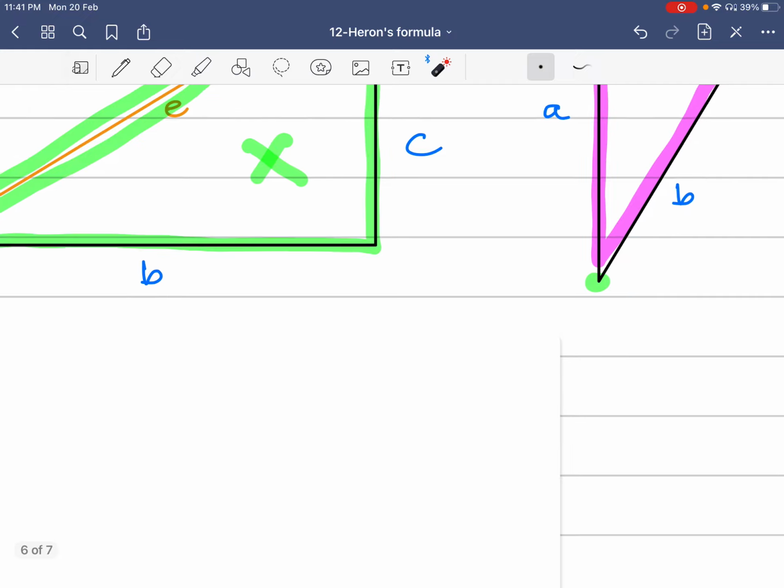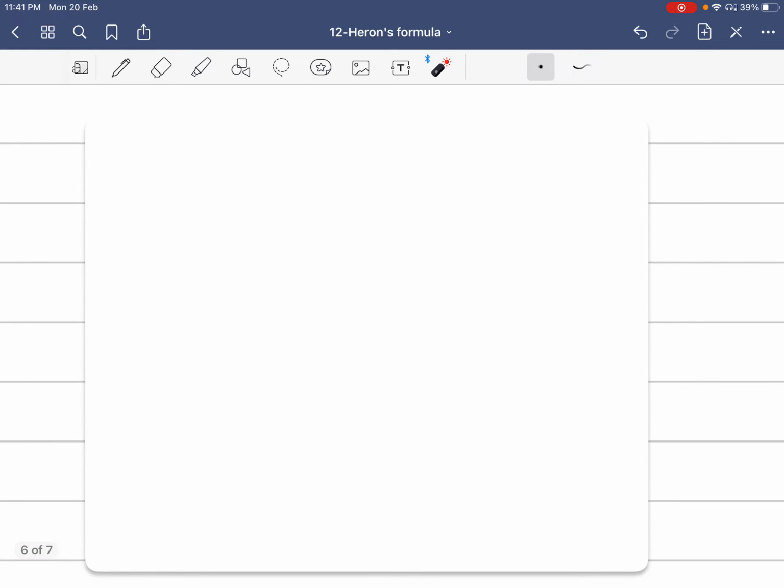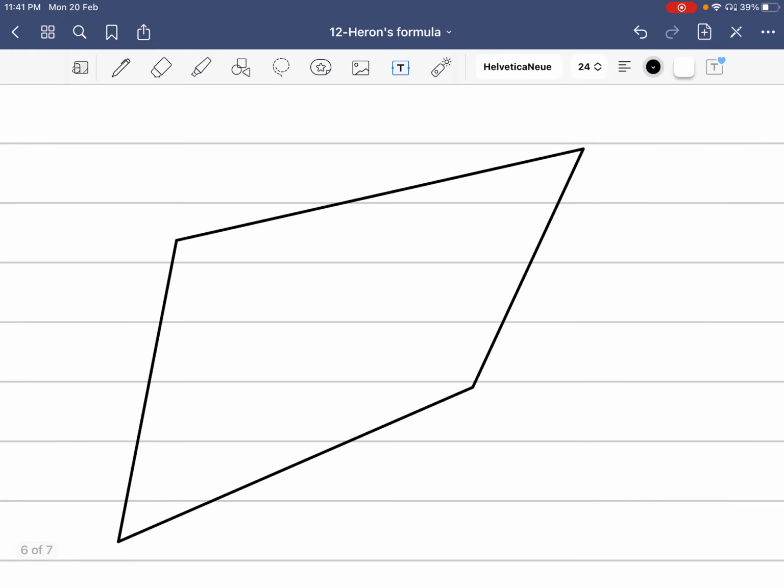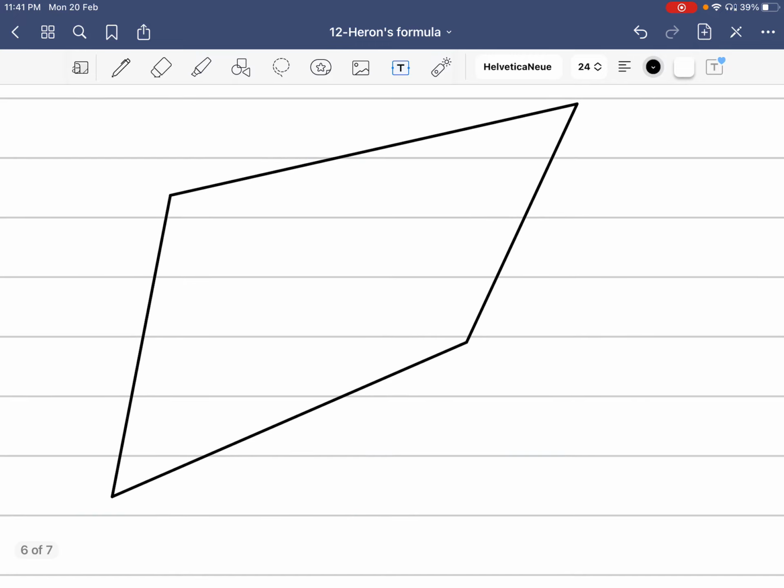Now, one more quadrilateral is there. Let's try to get rid of this. Okay, so this is also a similar quadrilateral with 4 points, 4 vertices. Once again, connect any two middle vertices to form the triangles. So divide the quadrilateral into two triangles.